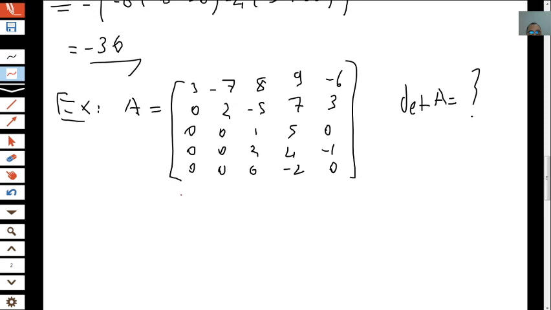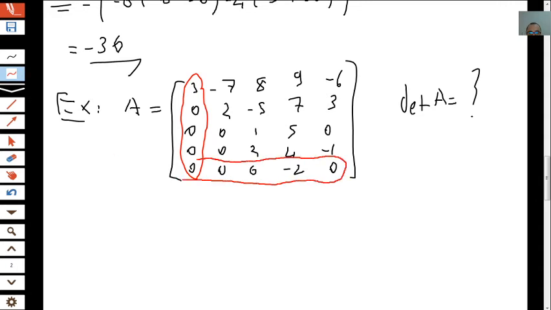So as you can see easily, the most useful row or column will have a lot of zeros. When we look at the first column, except the number 3, all of them are equal to 0. Or you can use the last row.